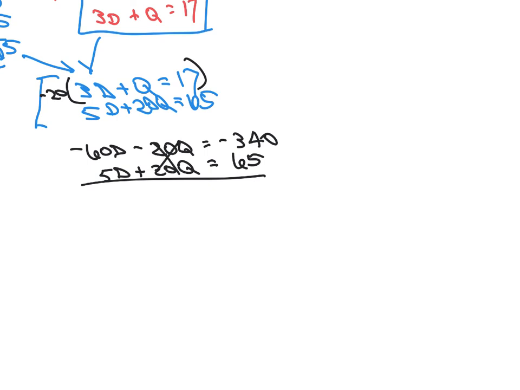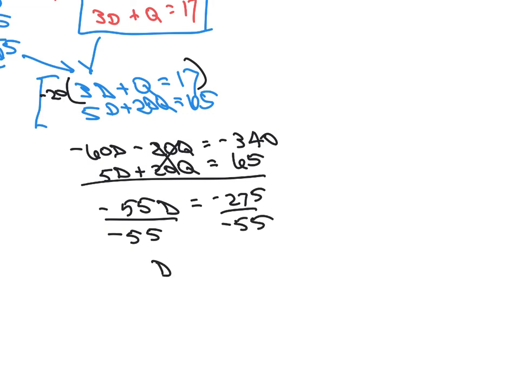And this gives me a -55d equals -275. And if I divide both sides by -55, my d equals 5. So that's how many dimes I have. I've got 5 dimes. So that's a good start.